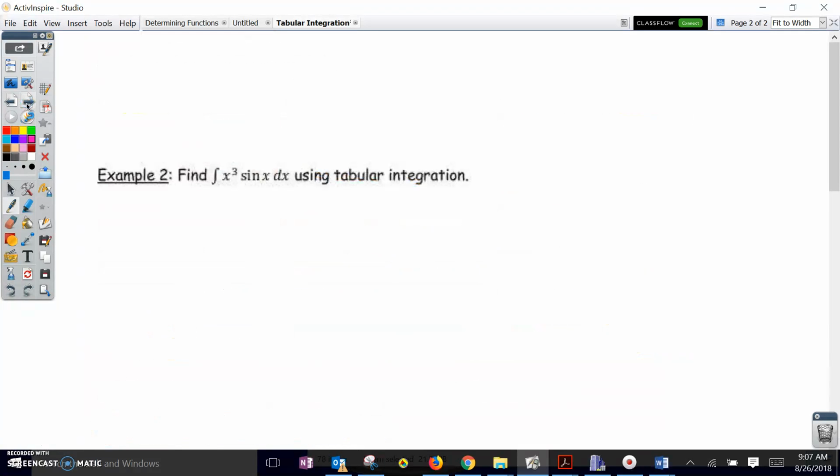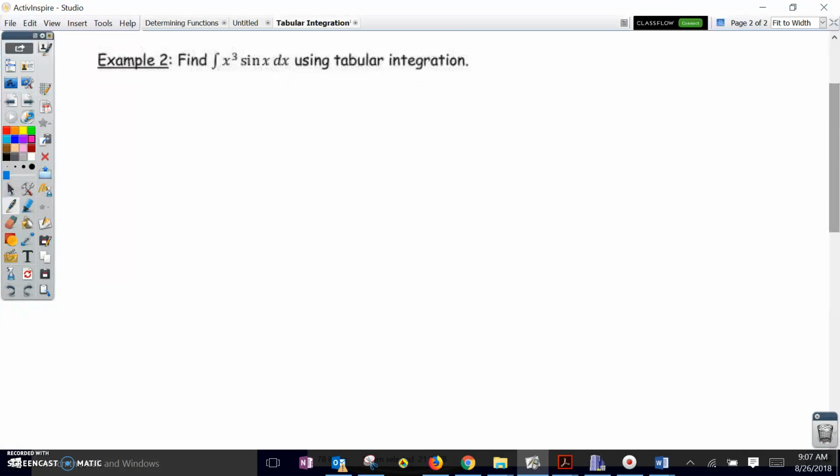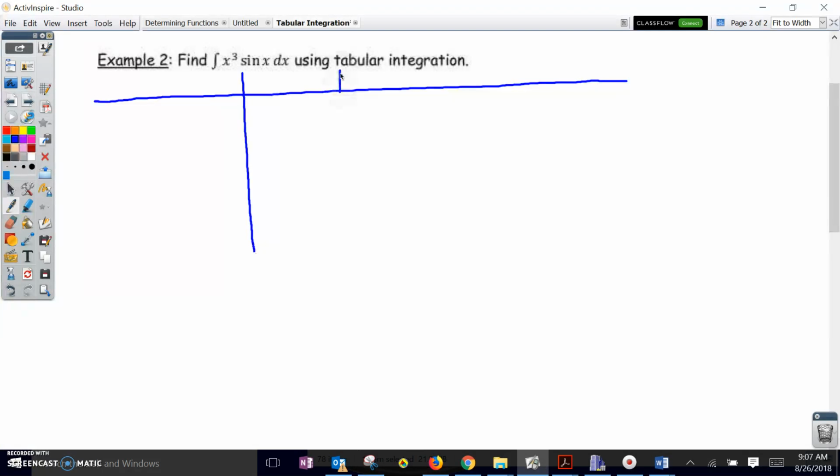Alright, let's go ahead and do one from scratch. We're going to find the integral of x to the 3rd times sine of x dx using tabular integration. So I'm going to set up my table. So we've got u and derivatives, dv and integrals.